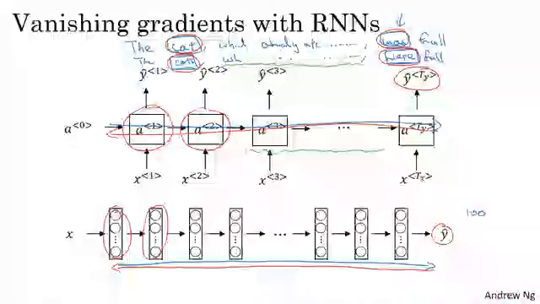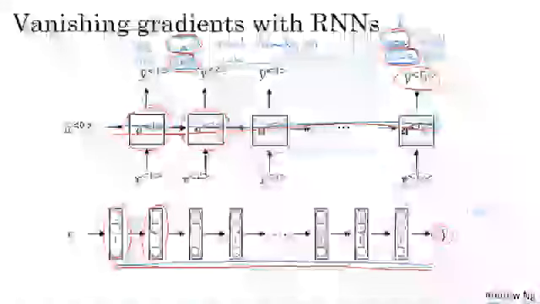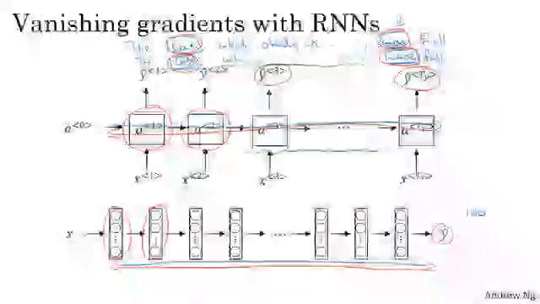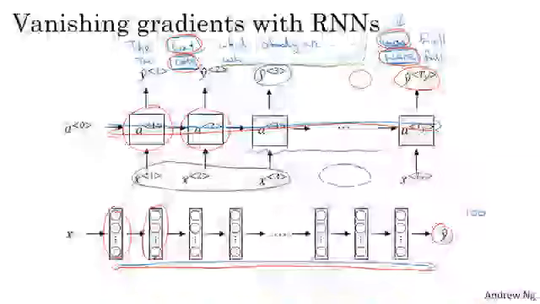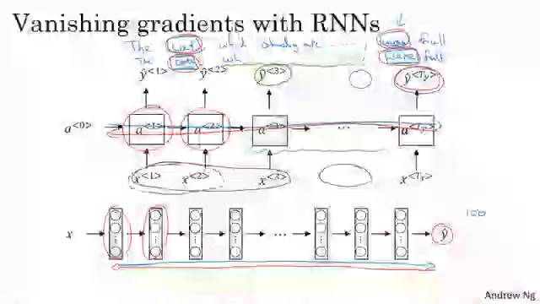So because of this problem, the basic RNN model has many local influences, meaning that the output y hat 3 is mainly influenced by values close to y hat 3. And a value here is mainly influenced by inputs that are somewhat close. And it's difficult for the output here to be strongly influenced by an input that was very early in the sequence.